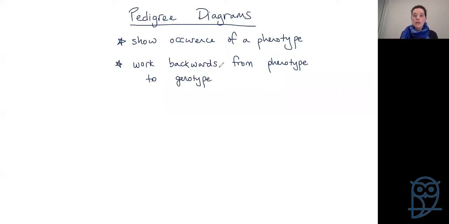Remember that your genotype is your genetics of the individual, whereas the phenotype is the characteristic that is expressed. Okay, so it's what it looks like as a result of the genetics. Okay, so how do we do that?